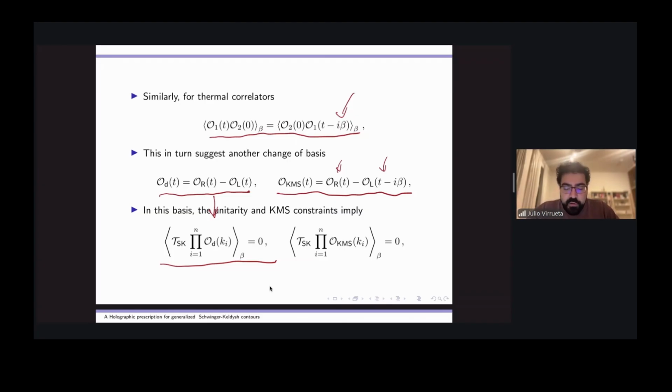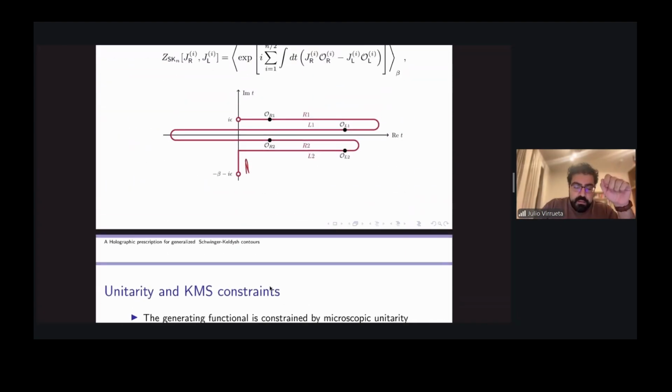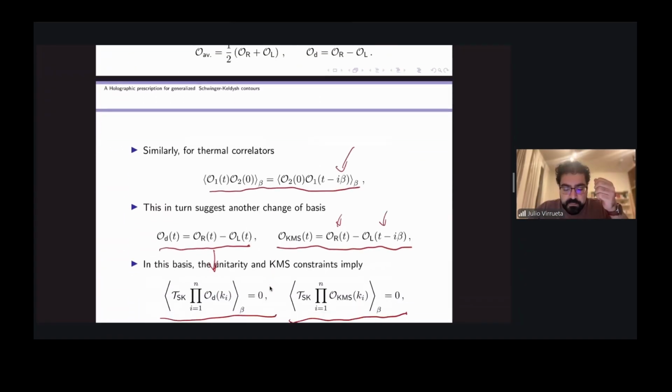And then the condition of KMS just translates into a similar condition as the unitarity condition: if I have just KMS operators, now not only can I slide them and cancel them against each other along the real part of the contour, I can just take one of them and go around the Euclidean circle and move them into a different contour without any penalty. Again, as long as I don't have some other operator obstructing this operation.